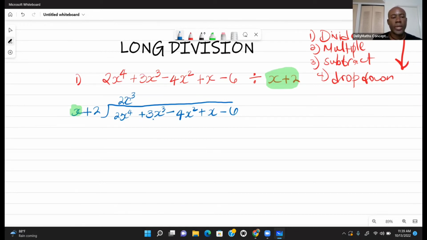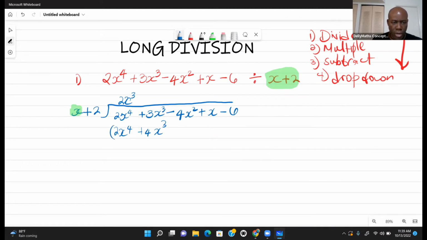We're going to multiply 2x to the third by everything here, x plus 2. So 2x to the third times x will give us 2x to the fourth, and 2x to the third times 2 will give us positive 4x to the third.